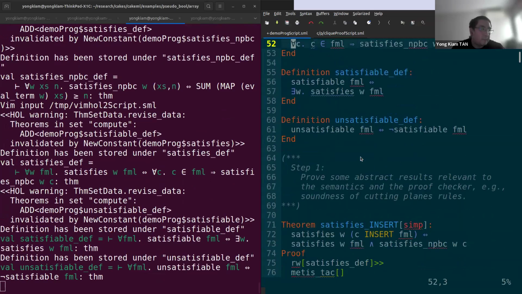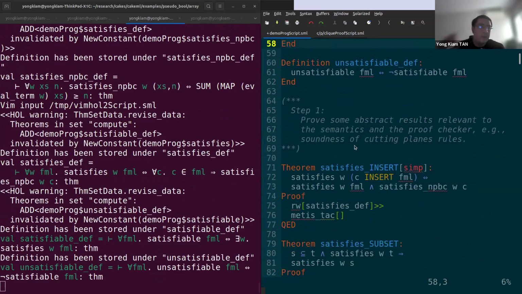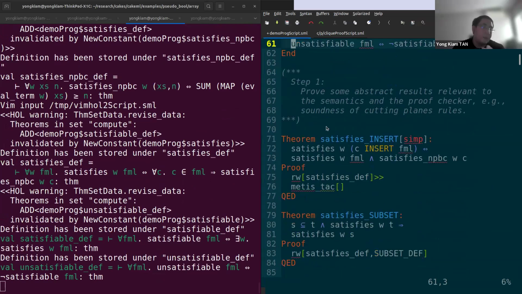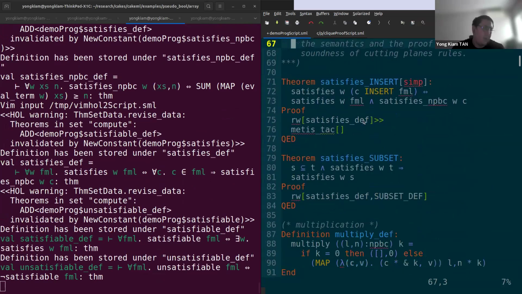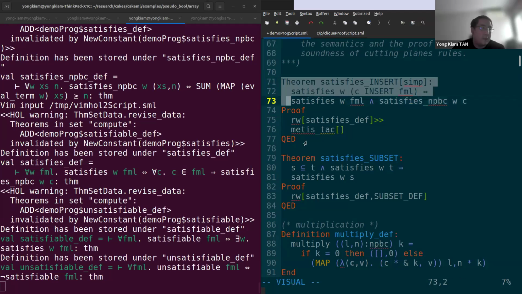Okay, so the next step from there is, I would say, more or less proving some abstract properties about the semantics. For example, we need some lemmas, like if you insert a new constraint into the set of constraints that's already there, then it's satisfied by assignment W if and only if W satisfies the original formula and it also satisfies the newly inserted constraint, and so on.